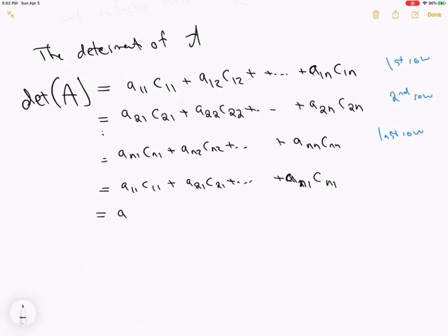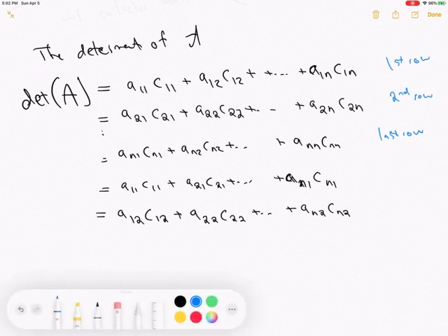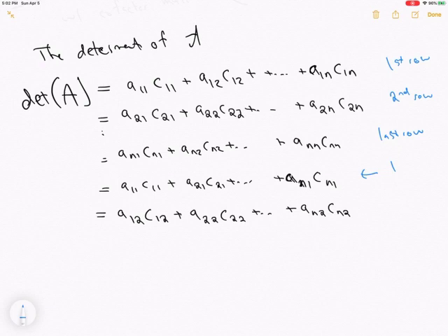You can expand across the second column. You should draw your attention that all the symbols in front of the subscripts of the A's and the C's are always the same. You're multiplying corresponding things together. So this is like going across the first column, second column, etc.